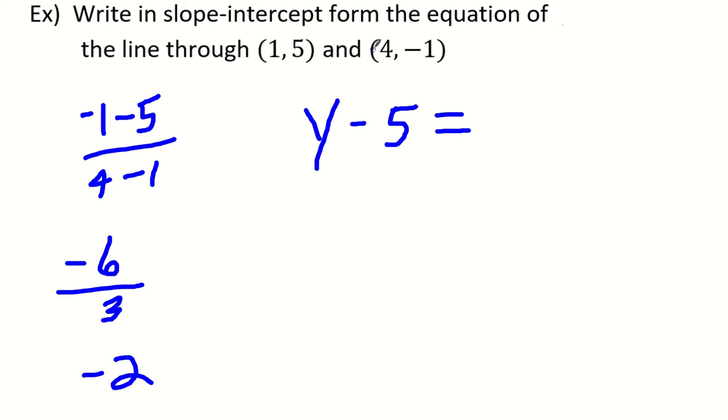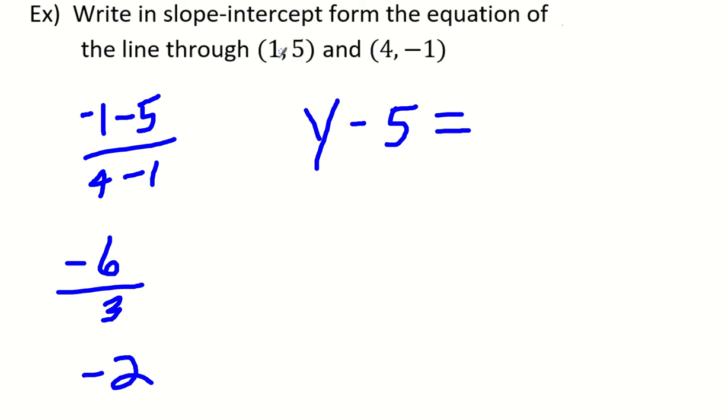And in general, you have your slope and you have 2 points to choose from. You could choose either one, but as I always say in class, you just got done calling these 2 coordinates x1 and y1 over here.